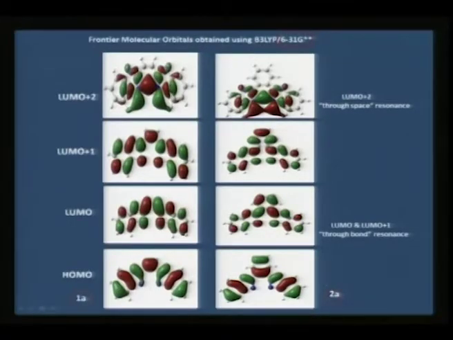Remember, the 1A molecule is nothing but 2 Benz thiazole groups coupled by an ethylene linker, and the 2A molecule is nothing but 2 Benz thiazole groups coupled by a phenyl linker. So, this is what we mean, and if you look at the frontier molecular orbitals, you can see in the case of HOMO, that is the highest occupied molecular orbital, the charge resonance is spread around the ring, and this also involves the alkene moiety, the ethylene moiety.